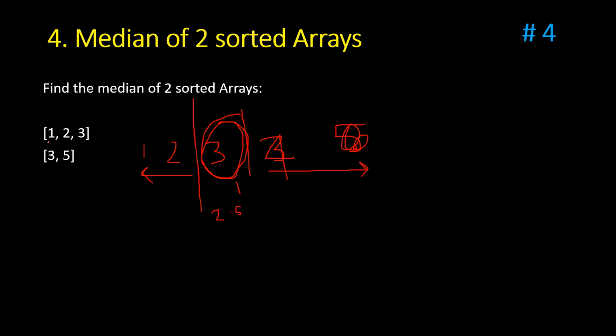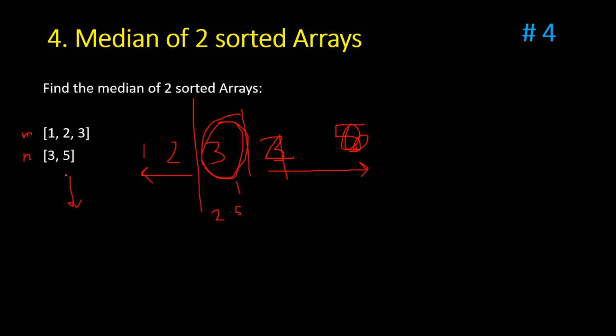If you add all the elements and then find the median, that will be m plus n time. If this has m elements and that has n elements, these are already sorted, so you can merge them using the merge step of merge sort, and that will take m plus n time. And then you just go to the middle one or two middle ones and take the average.